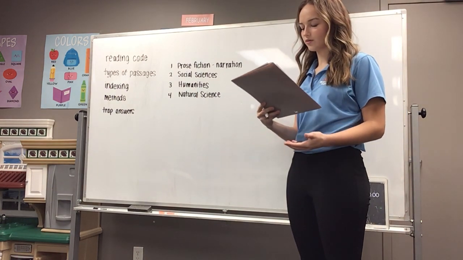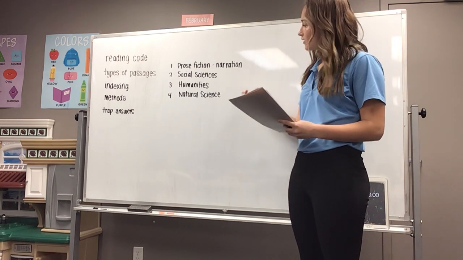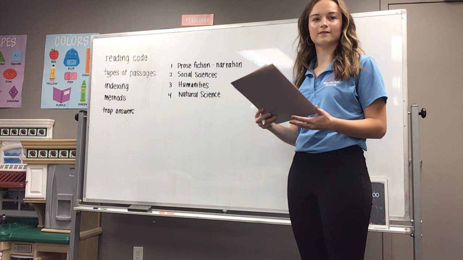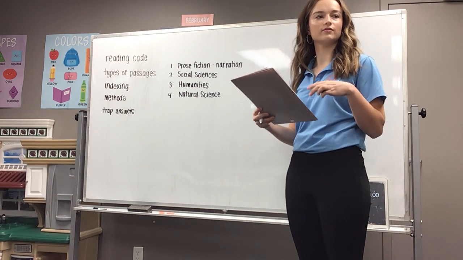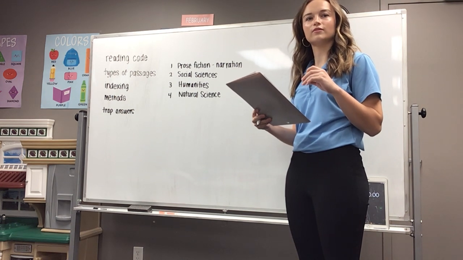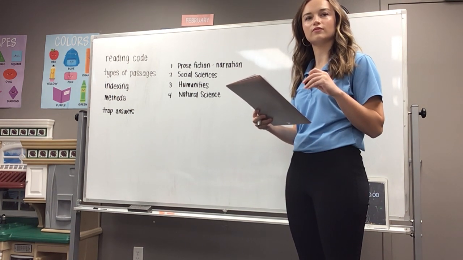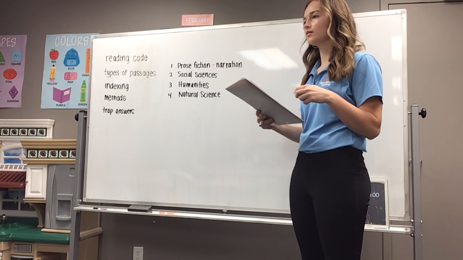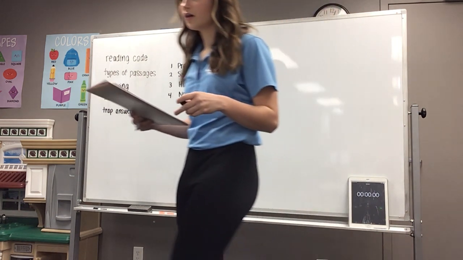So we're going to go through our reading codes. Mine was 4312. What is yours? 1423. 423. 3214. 1243. 1432. 2143. 2431. 3241. Good.